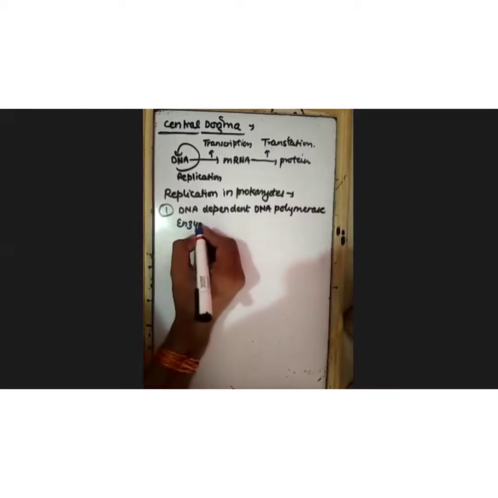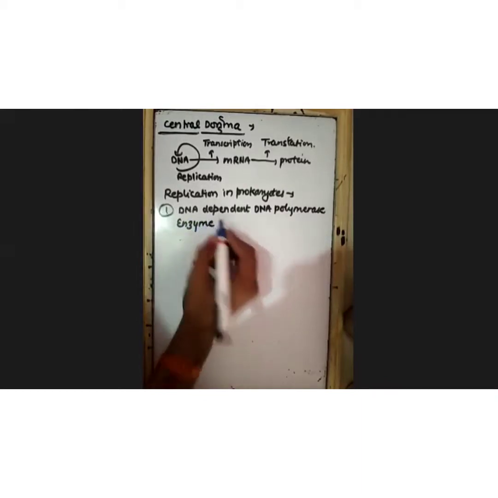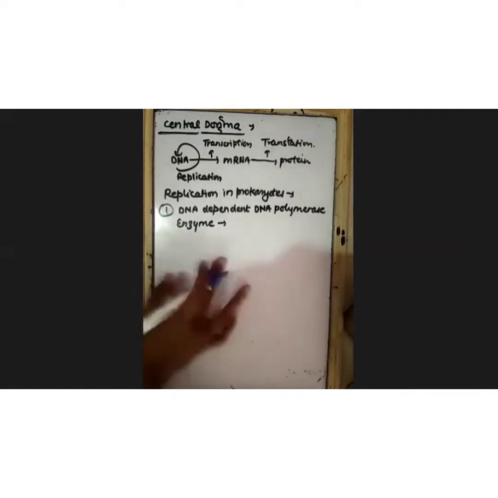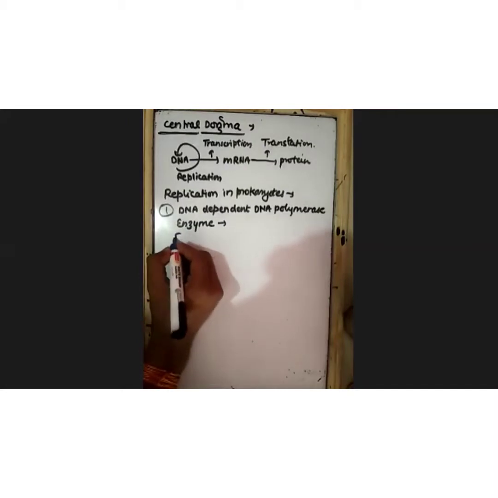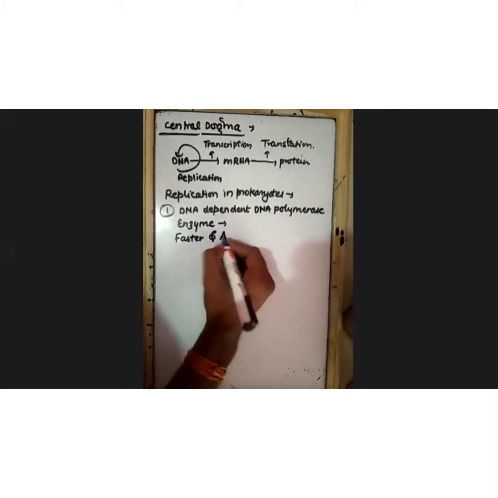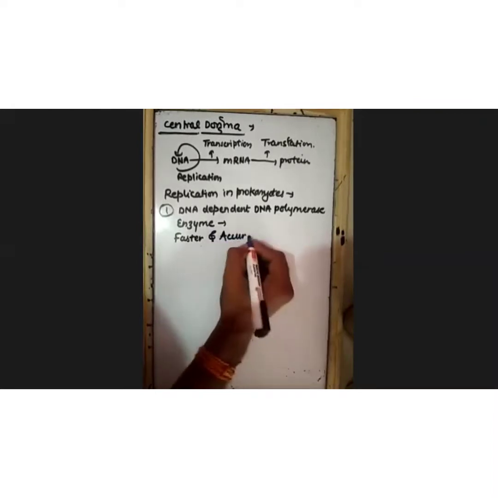Now what is the function of the DNA dependent DNA polymerase enzyme? It is faster and accurate. Now what do we mean by faster and accurate?